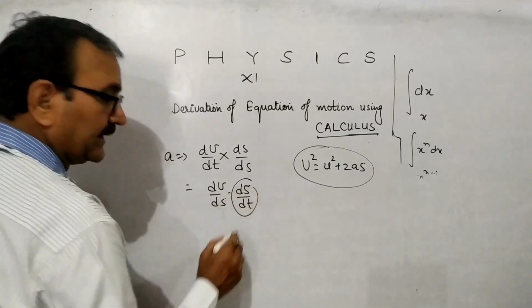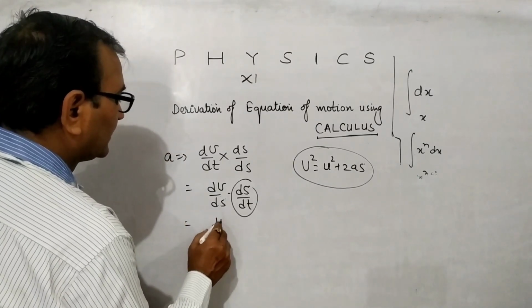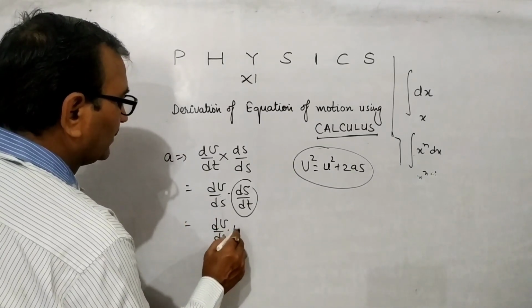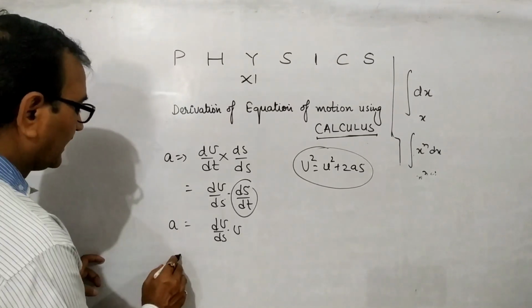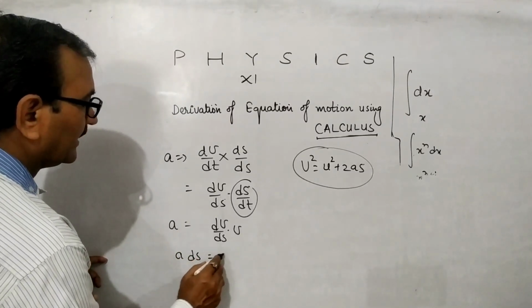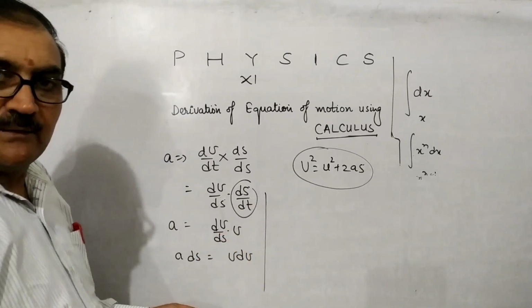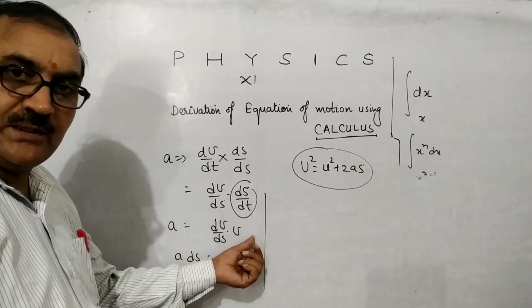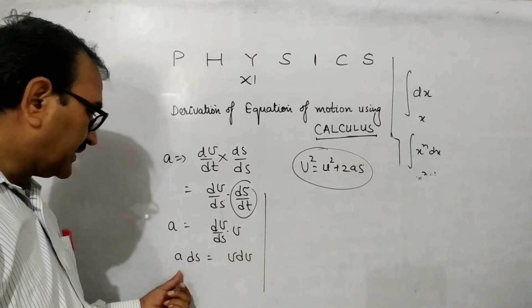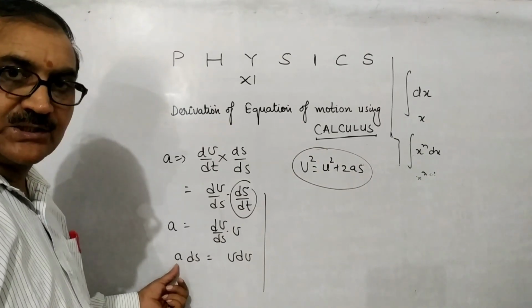This ds upon dt already I have discussed. This becomes velocity, so that is dv upon ds into v, and that is a. Now take ds here: a ds and v dv. Now simply you calculate velocity from u to v, and in that velocity, how much distance the moving body covers with a constant acceleration.